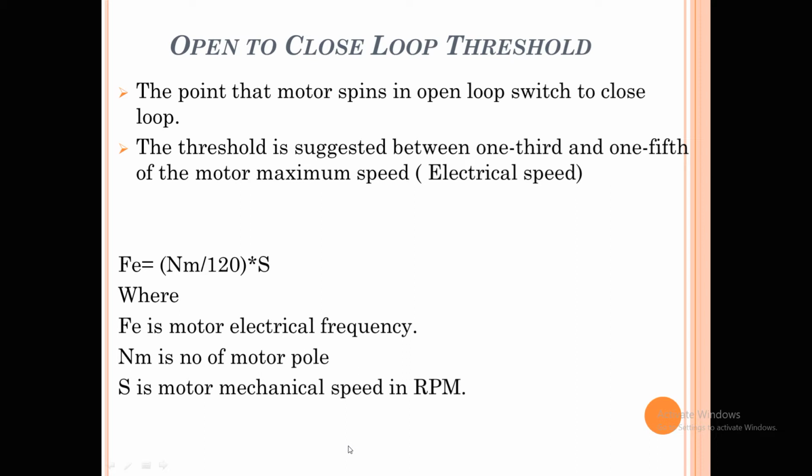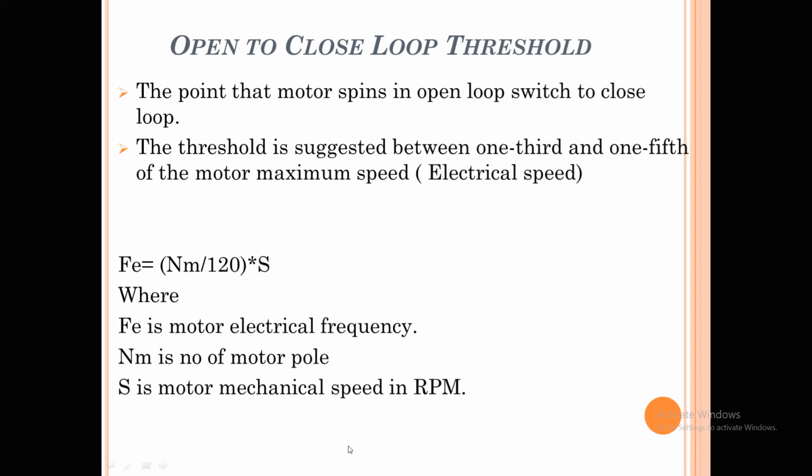The first question that comes to mind is, what is the meaning of open loop and closed loop? An open loop control system is just a one-way operation, it does not have any feedback.